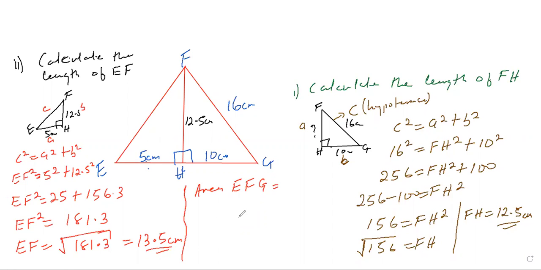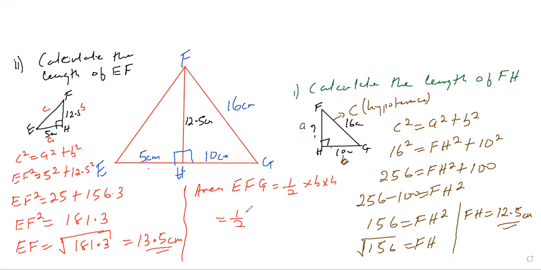So if it's half times base times height, right? So here I'm going to say that half times the base times the height. What will be the base? You can tell me the base of the triangle. 15.